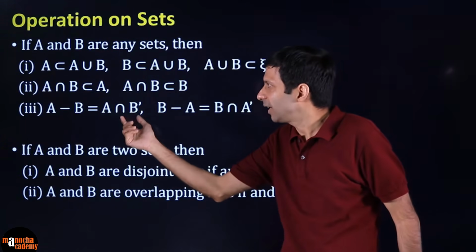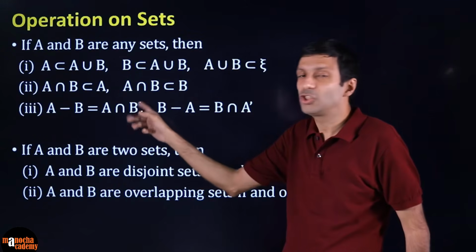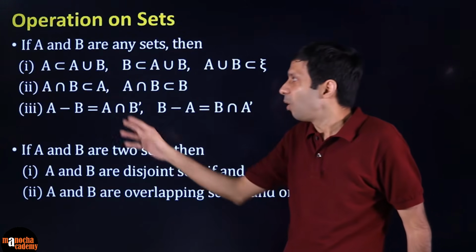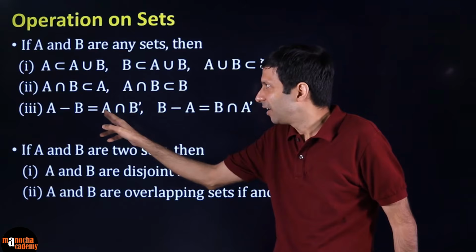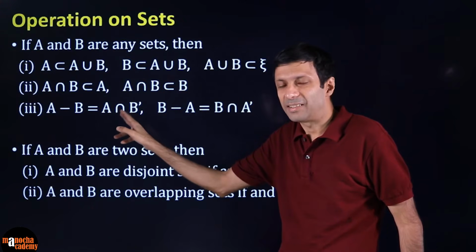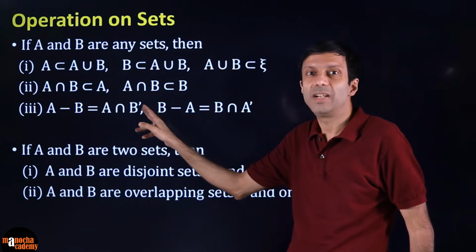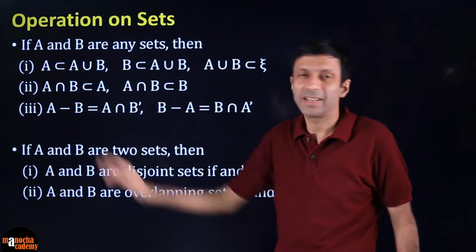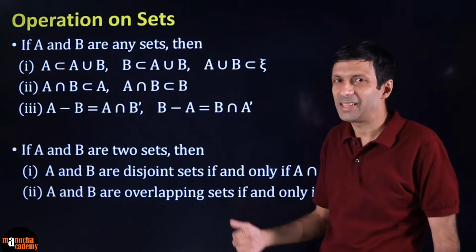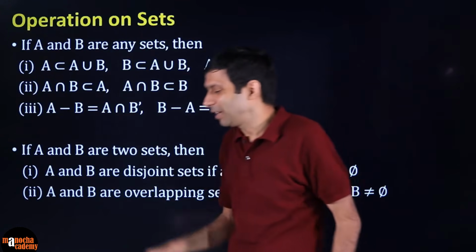Now let's look at the right hand side. A intersection B complement. All the elements in A, and intersection means and, all the elements that are not in B. So are you guys getting that? Isn't it the same thing?